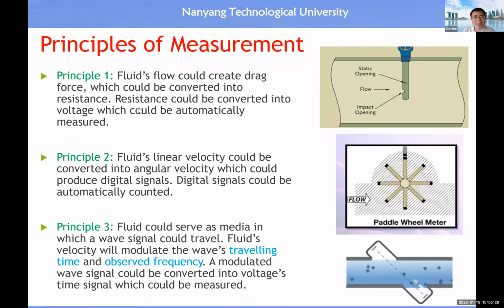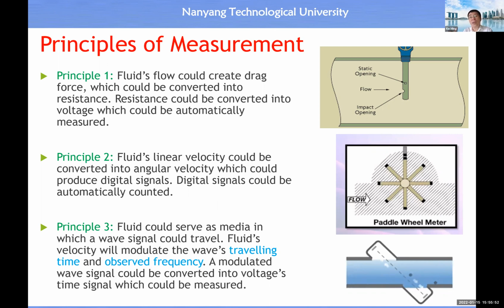The first one is to make use of the drag force produced by fluid flow, right? Because the drag force could be converted into resistance by a deformable beam, right? Then resistance could be measured by a bridge circuit, or convert resistance into voltage by using a bridge circuit.